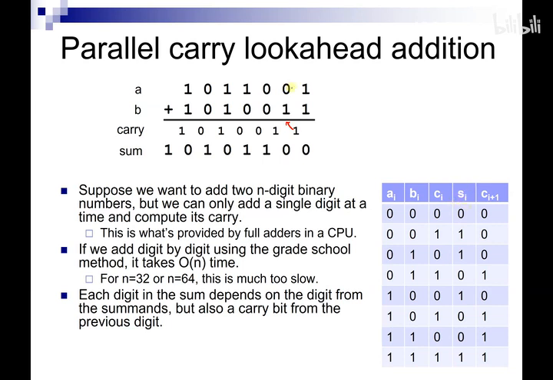So for example, this would be A2, this is B2, this is C2, and this is S2, the sum for the second digit. And then we're also going to produce a carry, this thing over here, which is the carry for the third bit. So this is a computation that we need to implement.